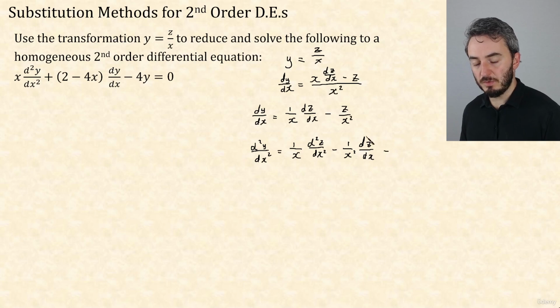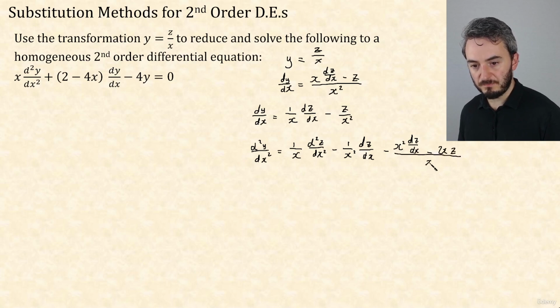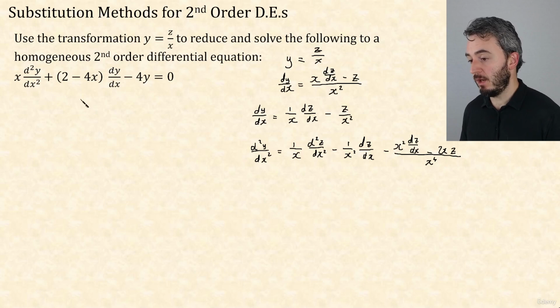Now, quotient rule here, that's v u dash minus u dash v all over v squared. Okay, so I have dy by dx and d2y by dx squared. Let's just replace the whole lot here, and it will be a big old mess, but we'll cope.